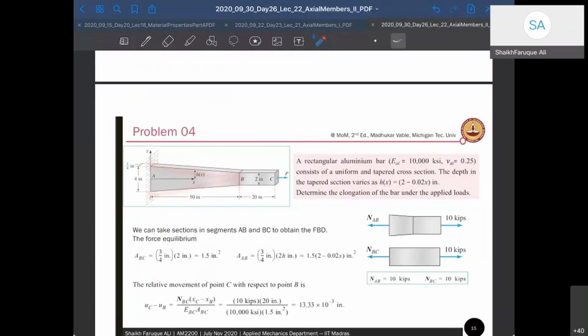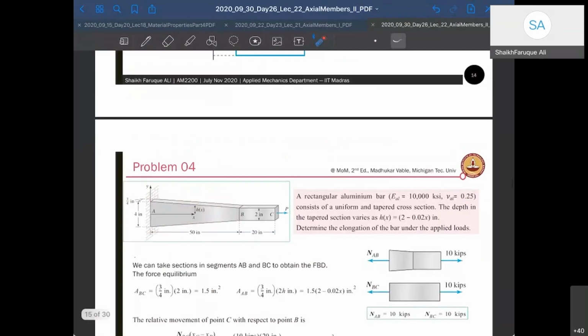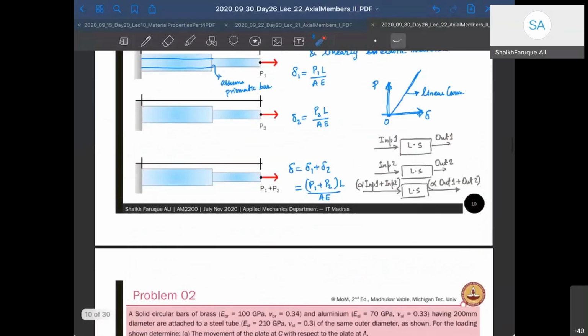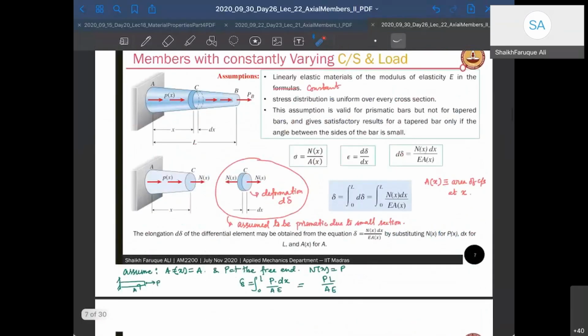How do you find the deformation at this point? Because the formula that we have, PL by AE, assumes a constant cross section. The cross section is not constant here. It is constantly changing. So in such a case, you cannot use your PL by AE formula. What you have to use is an integral formula, the differential formula, which is given by this one.